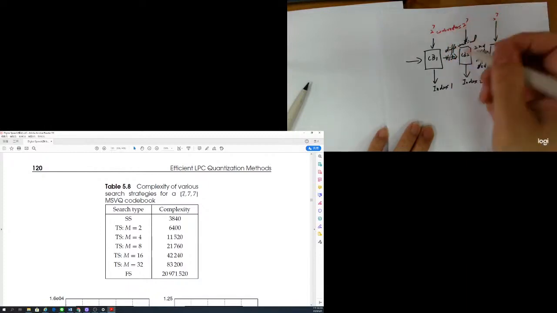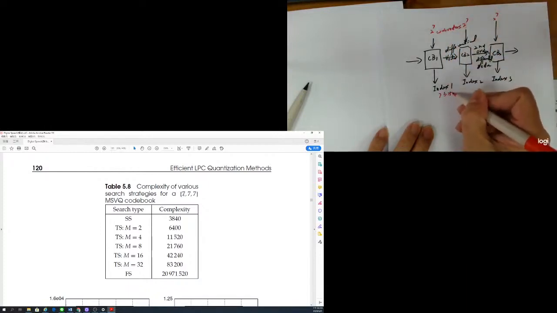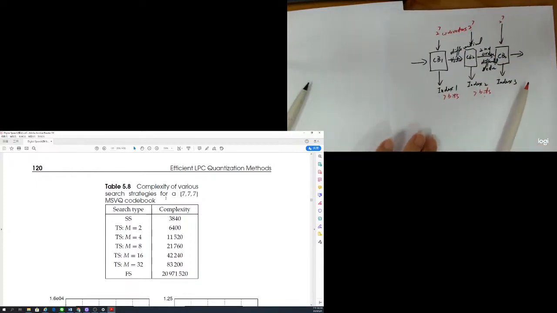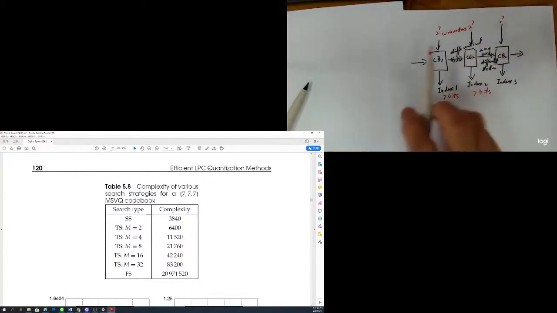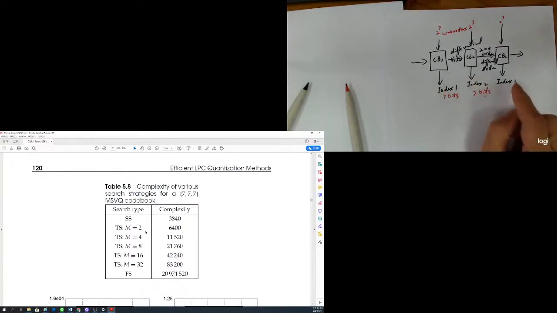You use a 7-bit index here. For each stage we have 128 code vectors, and we try to do the best match. For n equal to 2, we pick out the 2 best matches, and for the next stage also pick 2.